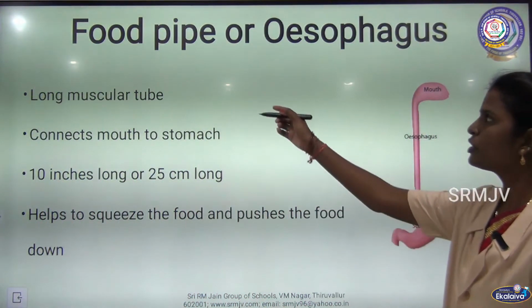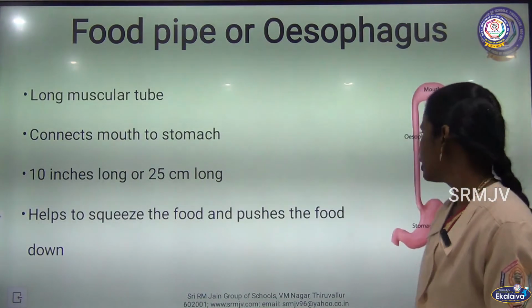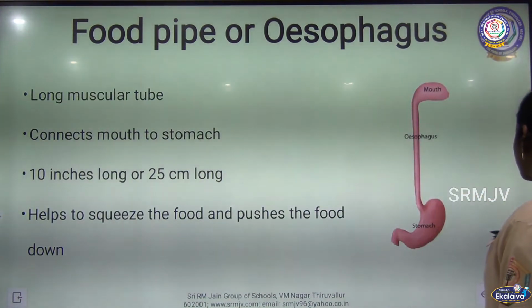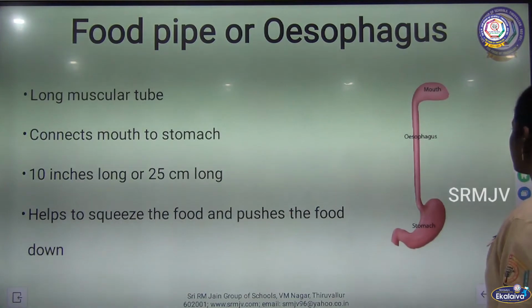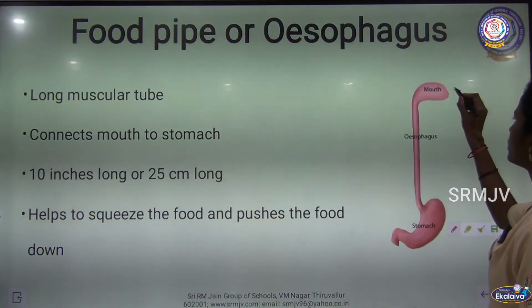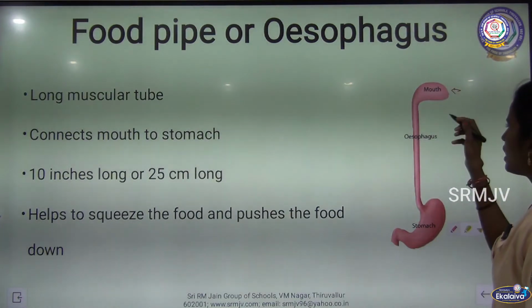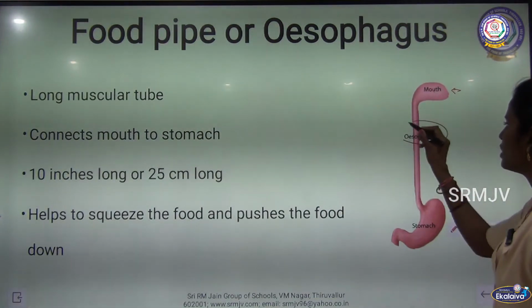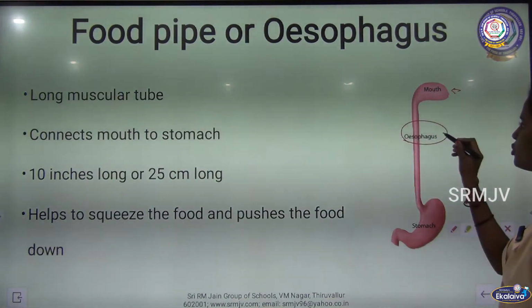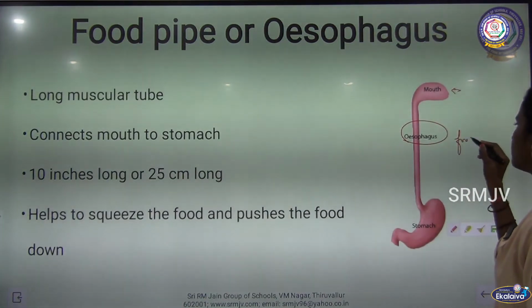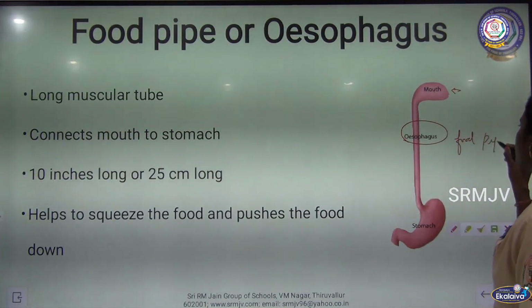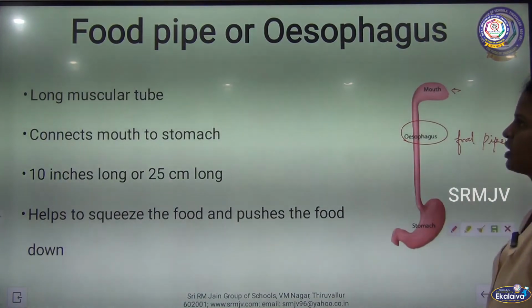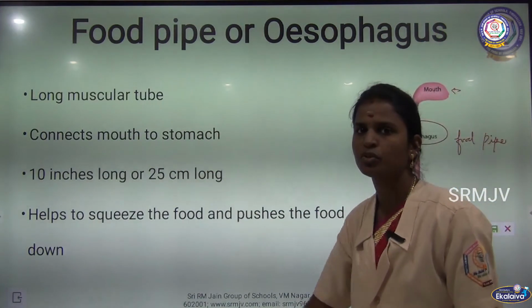Okay, next we are going to see about the food pipe, or esophagus. Food from the mouth reaches the stomach through the esophagus.